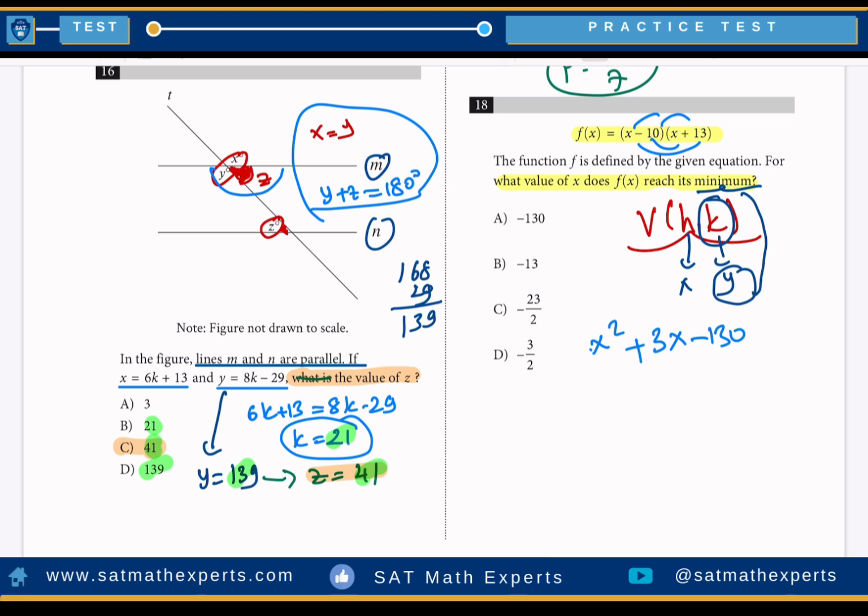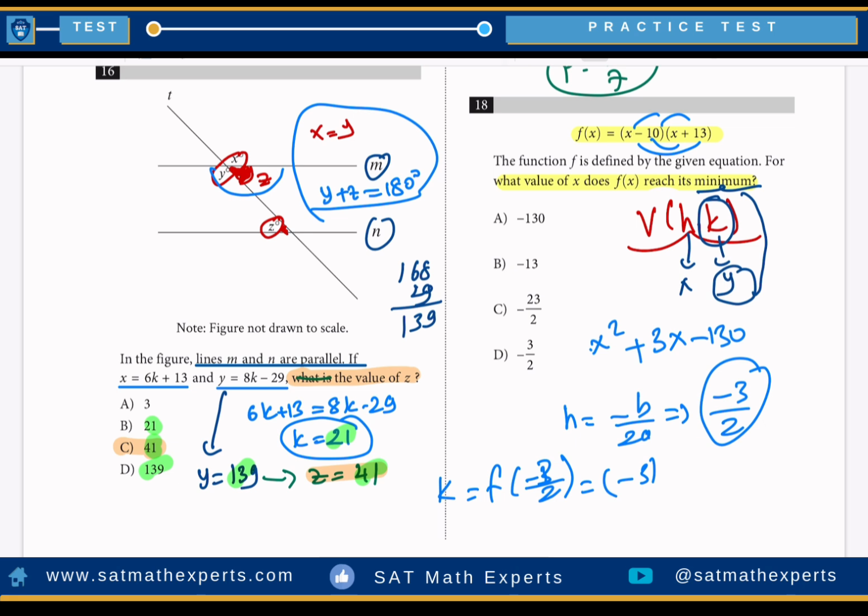Yes. Now here we can find the vertex, where h equals minus b over 2a. It's going to be minus 3 over 2. If you plug in minus 3 over 2 in the equation, you can find the value of k. So minus 3 over 2 squared plus 3 times minus 3 over 2 minus 130.